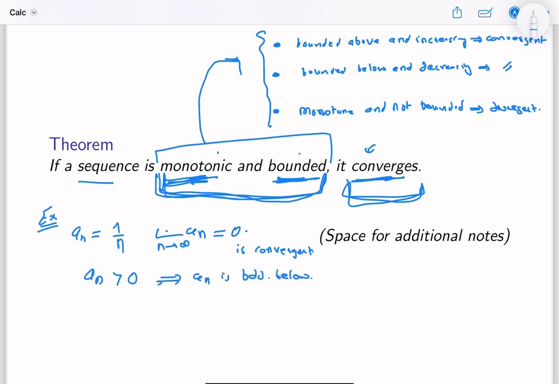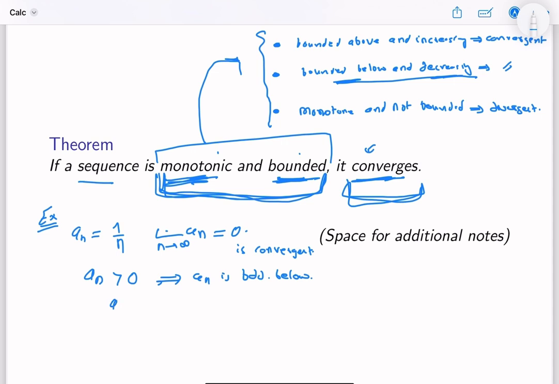Okay, so the sequence is bounded below, and so it suffices to prove that the sequence is decreasing to get that the sequence is convergent, because remember, this is the version of the theorem we're using. It's bounded below and it's decreasing, and hence it's convergent. So why is it decreasing?